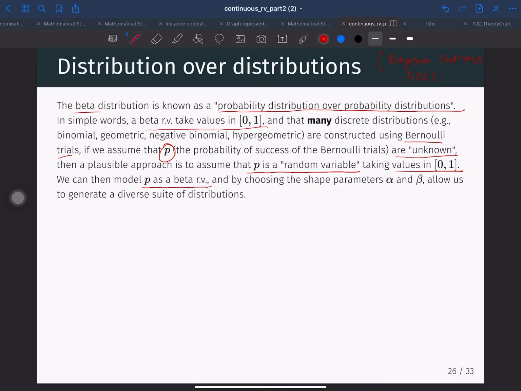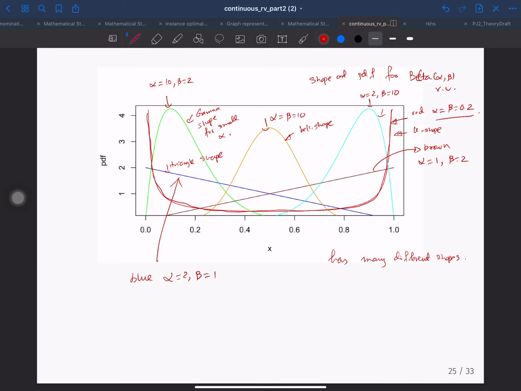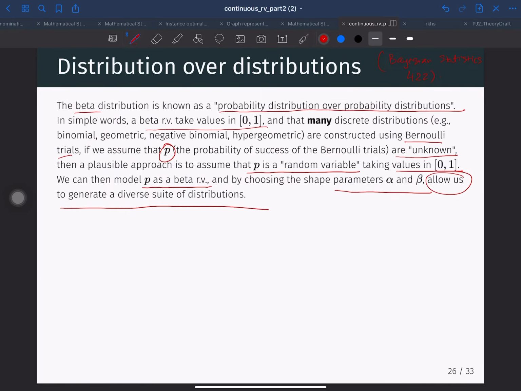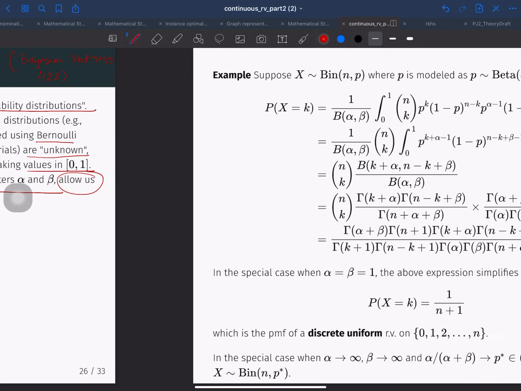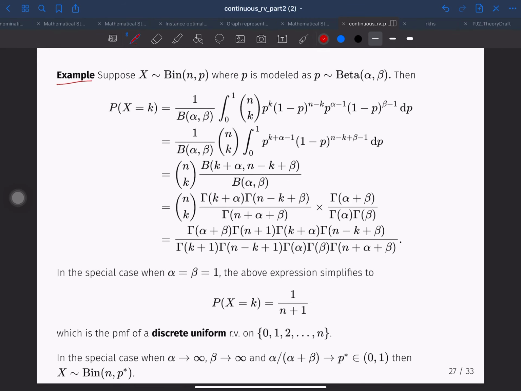And due to the many shapes for the choice of the parameters alpha and beta, this allows us to generate a diverse suite of distributions. See here, many different shapes for the beta. One classic example is what is called the beta-binomial random variable.